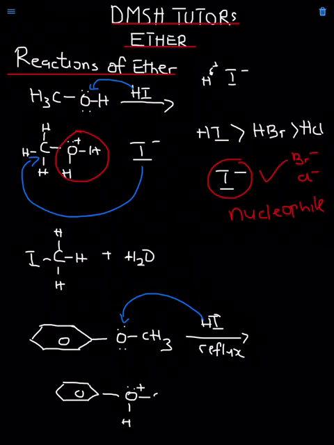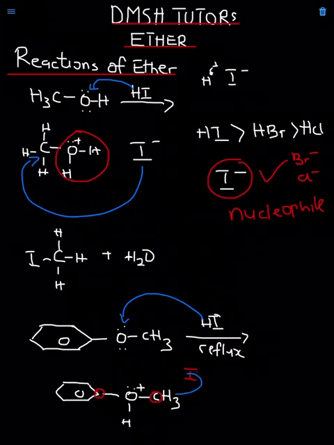The positive charge shows that the oxygen has used one of its lone pairs to form a bond. Then we check these two carbons. There's one carbon here, there's another carbon here. Two of them are not tertiary carbons. So the iodide will come to the less substituted carbon from the back, and we're going to have this compound CH3I.